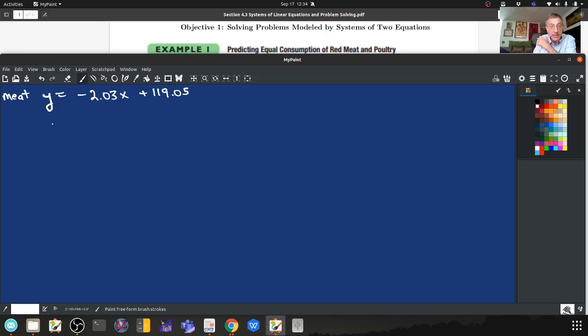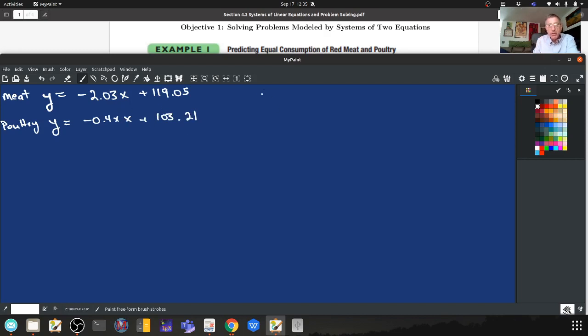This indeed is a calculator problem, but we're not going to use calculators. Poultry, I'm trying to think how to spell poultry, P-O-U-L-T-R-Y. That's given by y is equal to minus 0.41x plus 103.21.